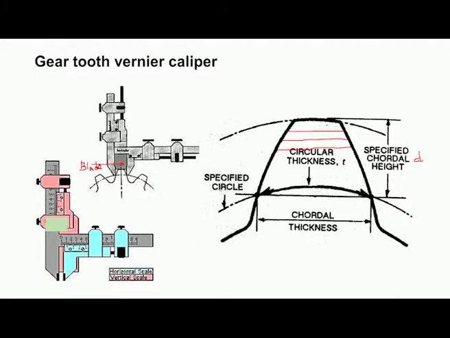The tongue should be moved up and down and the depth adjusted, and then, after adjusting the tongue, the gear tooth caliper is placed on the gear tooth which is to be inspected, the jaw is moved, and the thickness is measured. If the chordal tooth thickness is to be measured, then we should find the value of this chordal height, fix that value here, and then we can measure the chordal thickness.